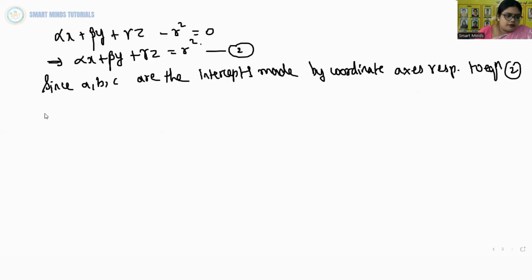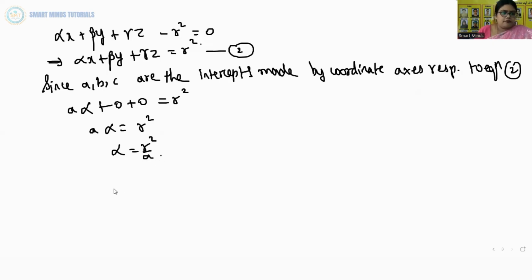So we get A alpha plus 0 equals r square. So you get A alpha is r square and alpha is r square by A. Also you get 0 plus B beta plus 0 equals r square.